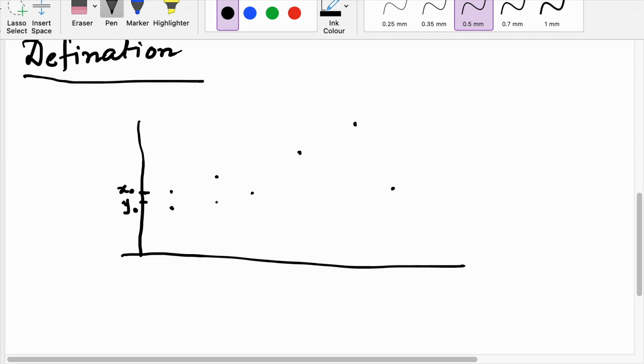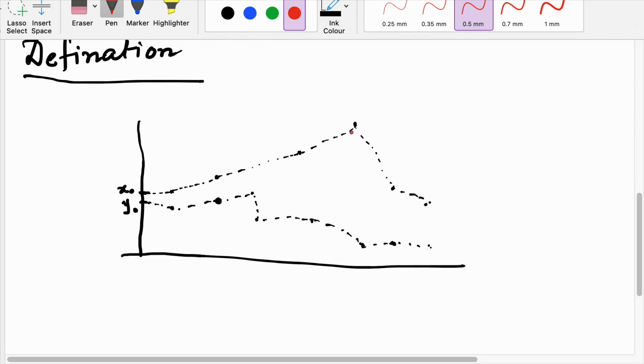These are the iterates for x0, and these are the iterates for y0. Sometimes the points get very close to each other, and sometimes they become very far from each other.